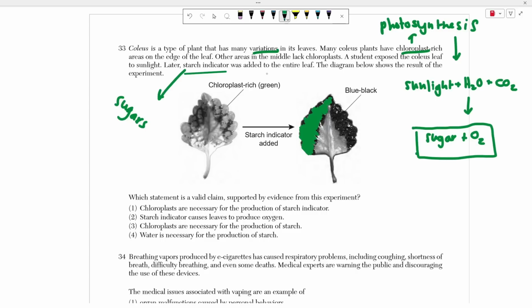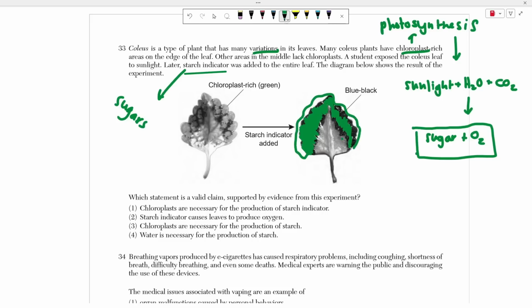And don't all of the chloroplasts belong to the edge of the leaf in this plant species? Yes, they do, right? Other areas in the middle lack chloroplasts. So it makes sense that the starch indicator is added here because this is where all of the photosynthesis is occurring, and this is where all of the sugar is going to be found because that's where it's produced, in the chloroplasts, which are on the outer edge of the plant, right?